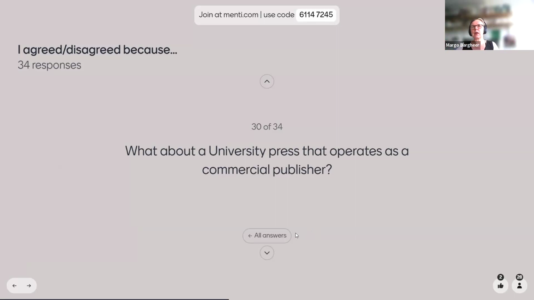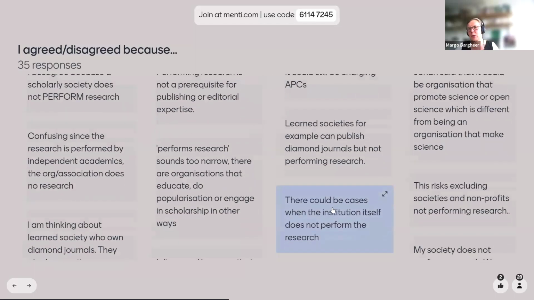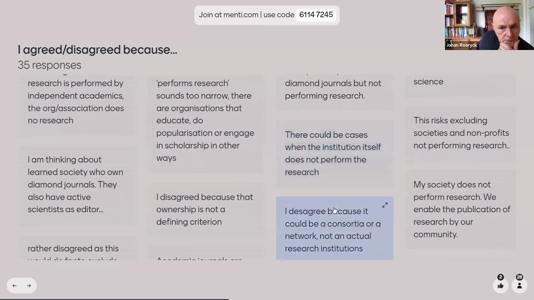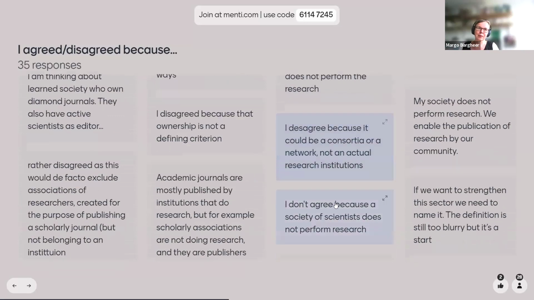But we can't just say, oh, university presses are automatically the Diamond publishers because they are university presses. And this is why it's so difficult. And this is why it's also a really daring endeavor that we try to define this, because those are exactly the lines of discussions that we also had within our projects. So you as the audience, you exactly put the finger into the wound, as to say, that university presses are not all the same.